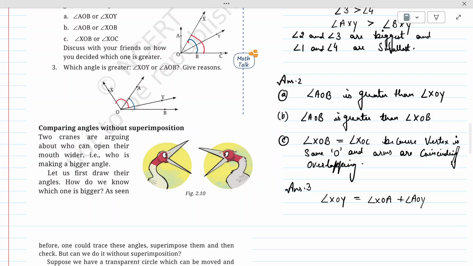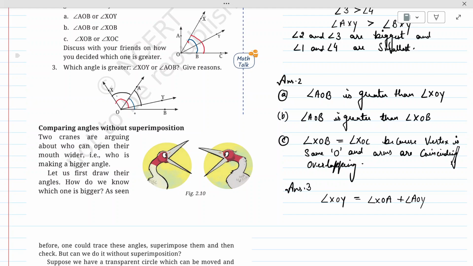Kids, by this time you should be able to distinguish the angles easily, because we have done this many times now in this chapter. Again, I'm breaking this red angle into two parts, this plus this: angle XOA written here and angle AOY written here. I can write this angle as the sum of these two angles.